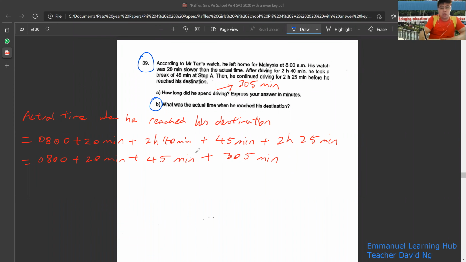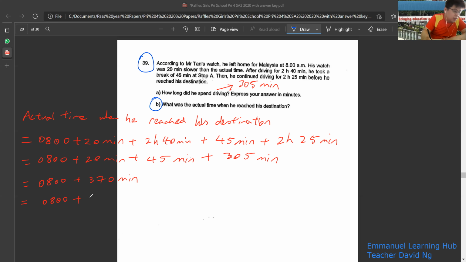Because 305 minutes is the driving. Then plus 45 minutes break, plus 20 minutes the lag in time. So this will be 8 o'clock plus 370 minutes. This is how it adds together to 370 minutes.